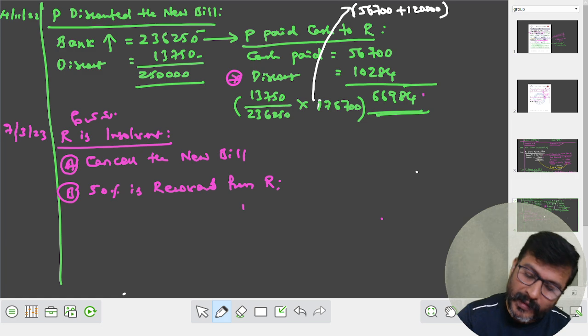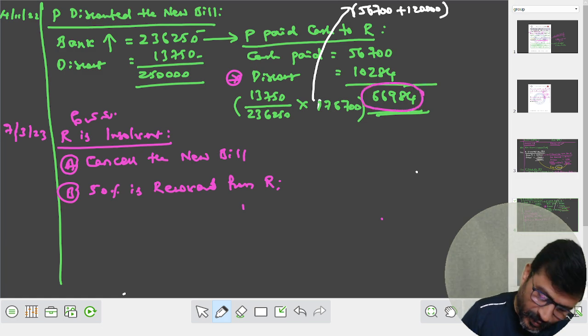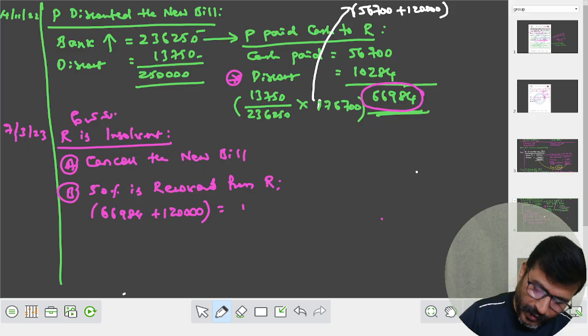I tell you, take this 66,984 plus 1,20,000 as a gap. Put together 1,86,000.